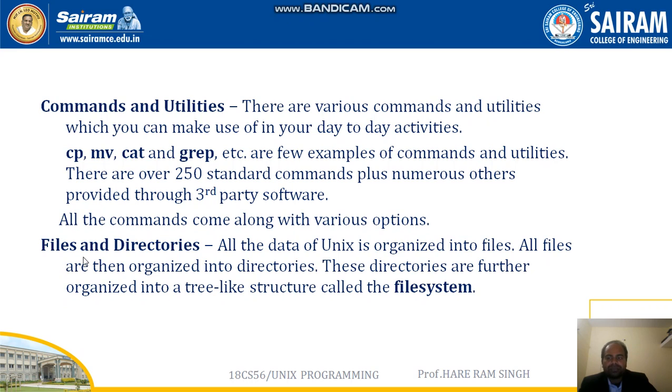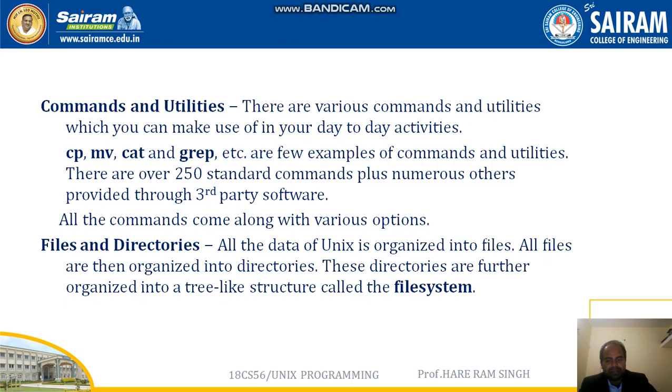The fourth main part of Unix operating systems is files and directories. All the data of Unix is organized into files. All files are then organized into directories. These directories are further organized into a tree-like structure called the file system. So the files and directories are organized in a hierarchical way in the Unix operating system.